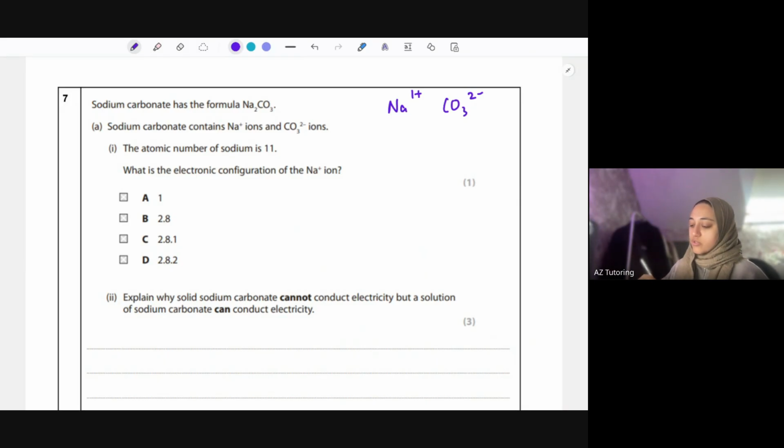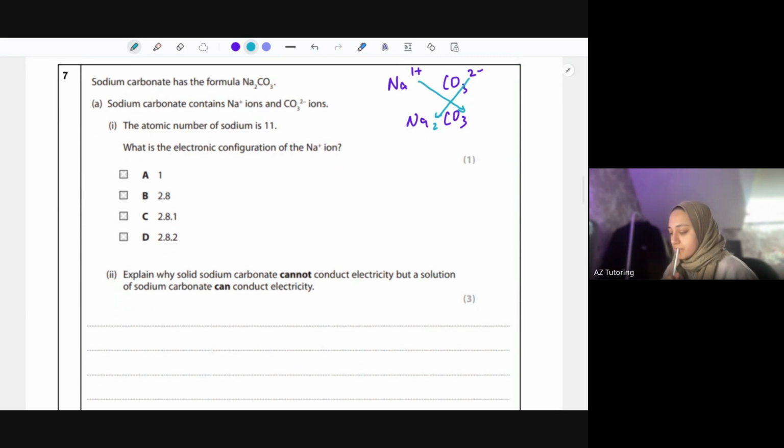And then what you do is you just cross them both over. So you've got sodium and then you've got carbonate. That 2 is going to drop here. The 1 is going to drop there, and the 1 doesn't really affect it. So that's where Na2CO3 comes from. So carbonate is something that you do need to memorize as well.